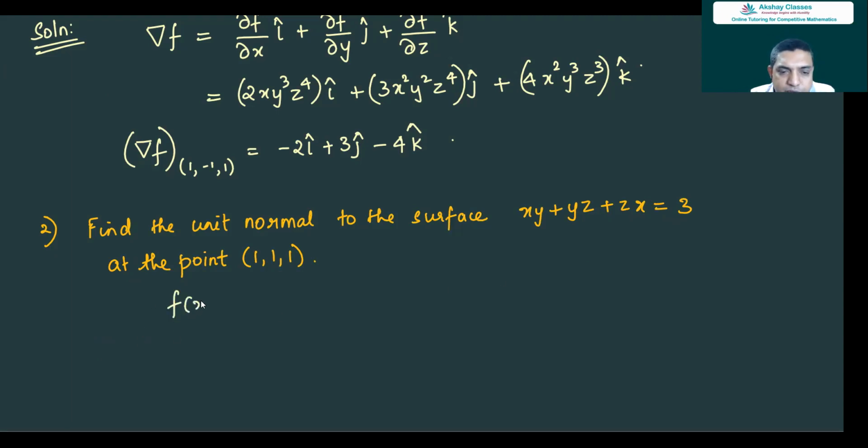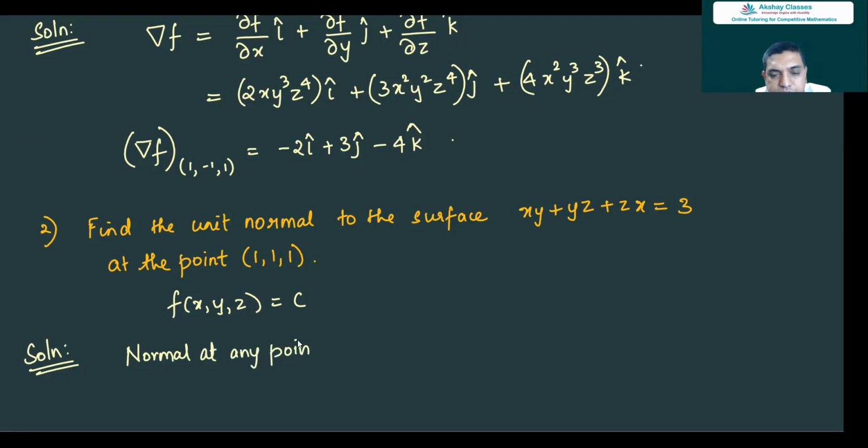So this is of the form f of x, y, z is equal to constant. So this is a surface, and we call it the level surface. So grad f, normal at a point to the surface, is grad f.